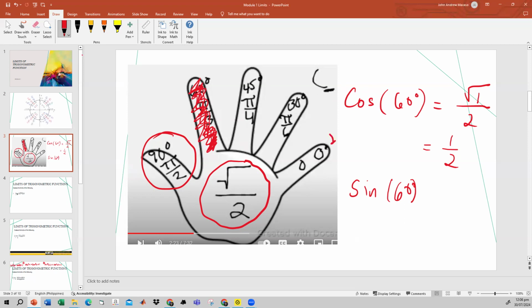So how many fingers left? So we have 1, 2, and 3, right? So in that case, that's basically square root of 3, from the little finger, over 2. So that's basically your sine 60 degrees.